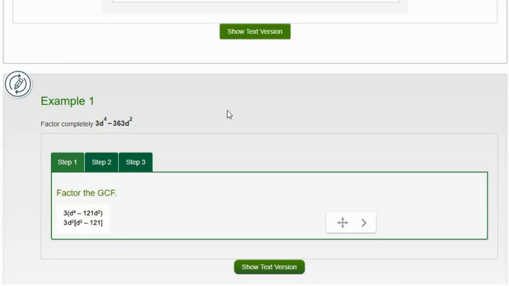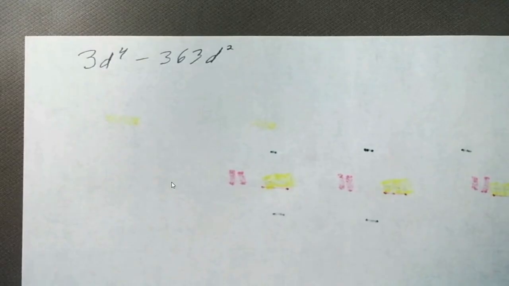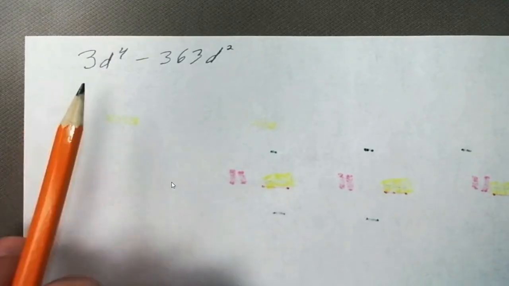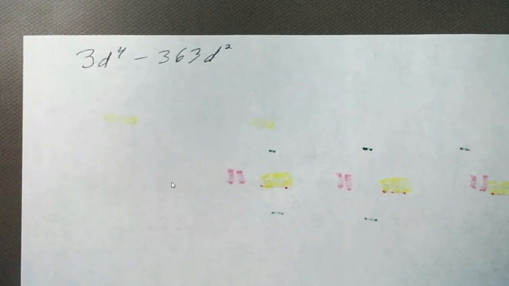So with that in mind, let's do this one on paper. I think this would be worth our time. Since you guys are so good at this, is this a difference of squares problem? Oh, well, the first thing you look at is, well, wait a minute, 3 is not a perfect square. I don't know about 363, but I know 3 isn't.